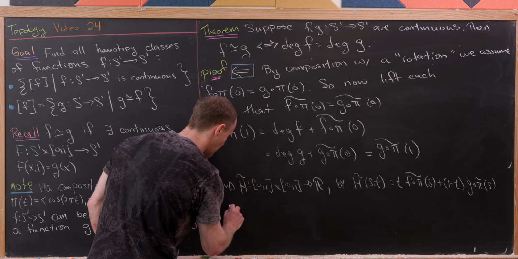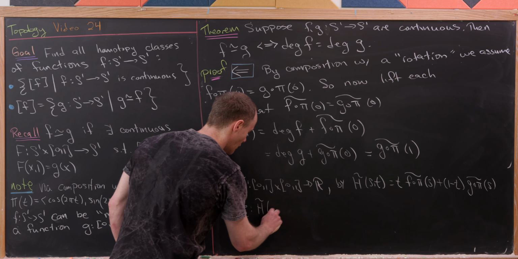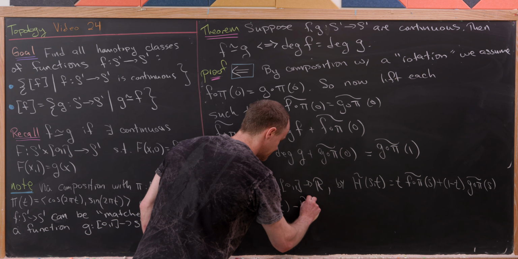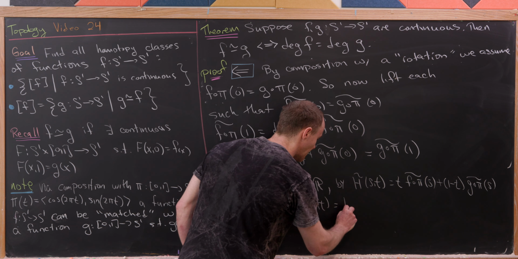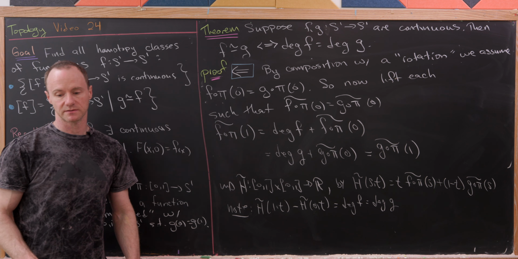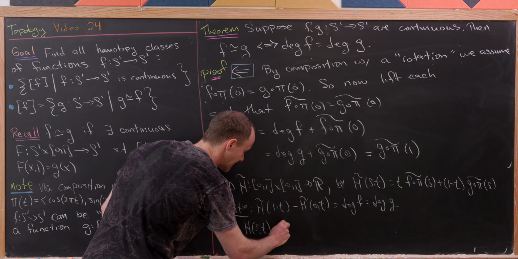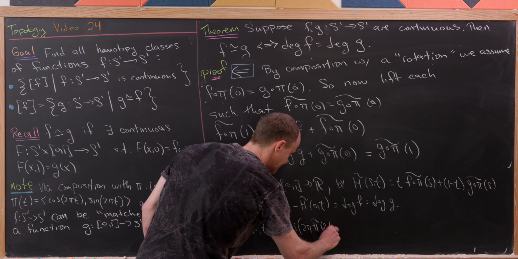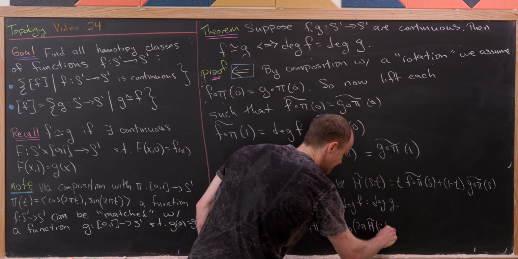But now let's note the following. If we take h tilde of (1, t) and we subtract h tilde of (0, t), then by definition we'll get the degree of f, which is equal to the degree of g by our assumption. And then finally, let's set just plain old h of (s, t) equal to the cosine of 2 pi h tilde of (s, t) and the sine of 2 pi h tilde of (s, t).